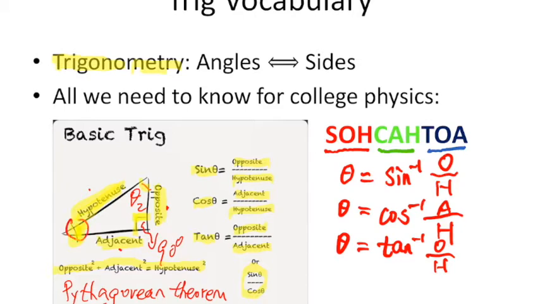Now there is another use of the Pythagorean theorem that we might use later in this class. We have opposite side squared plus adjacent side squared equals hypotenuse squared.